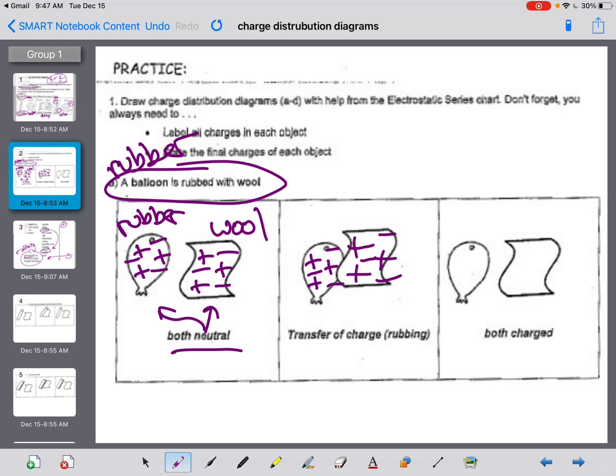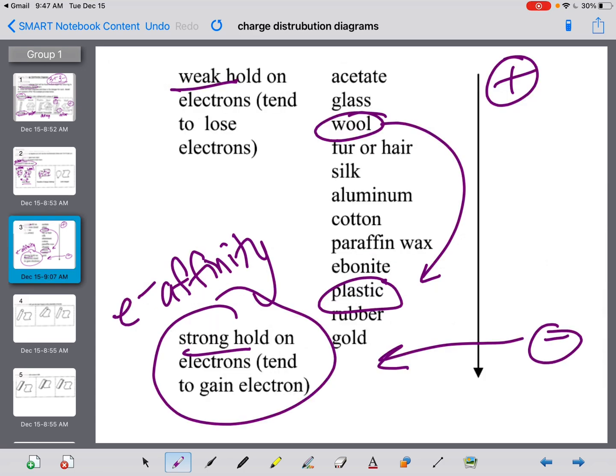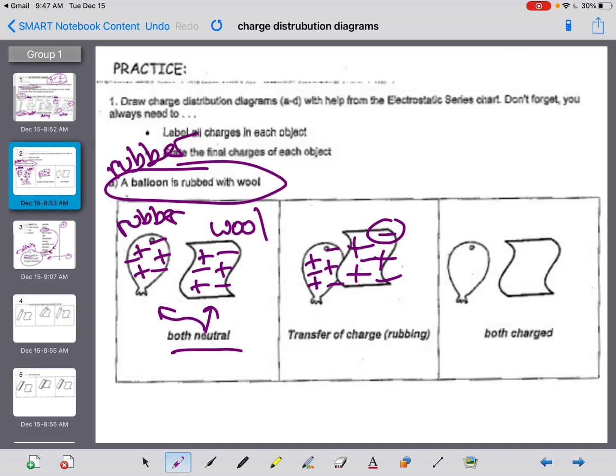So anyway, let's take a look at the chart. The chart has wool and rubber in this case. So wool, and we're looking at a rubber balloon. In this case, the balloon is going to be gaining, so we can show a transfer here. You must show the arrows as well. The arrows indicate the direction of where the electrons are moving.